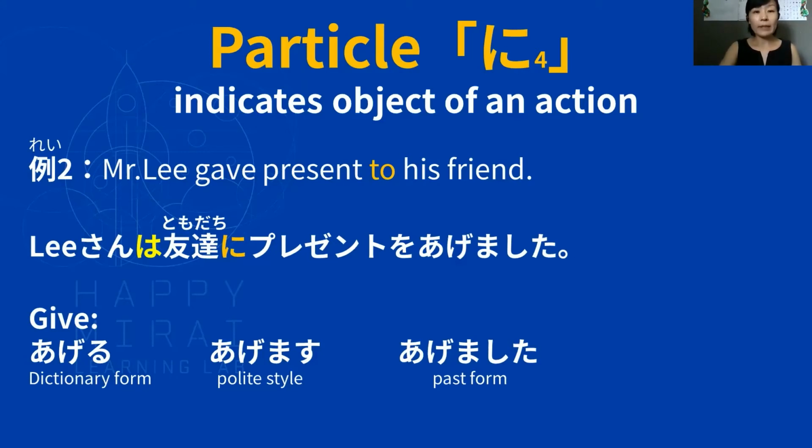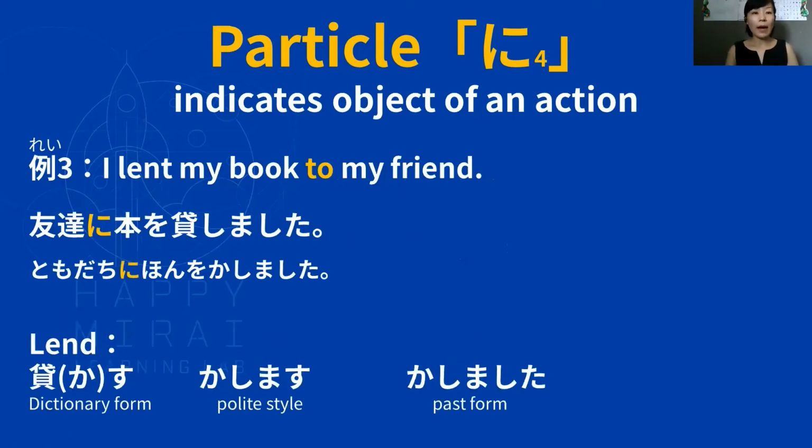So over here, it basically is translated to, yeah, gave something to someone. いいですか? To someone. はい、例3. I lent my book to my friend. 友達に本を貸しました。Okay, so over here it also translated to, yeah, I lent my book to my friend. いいですか?